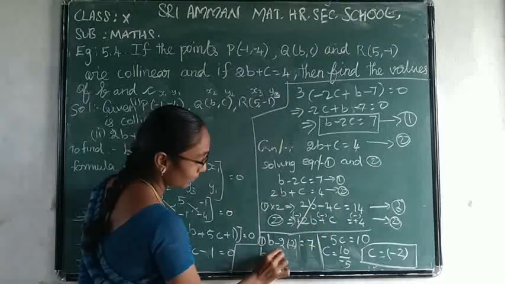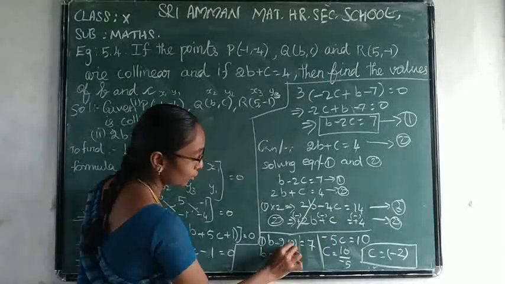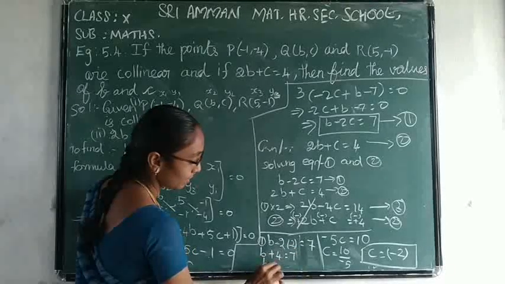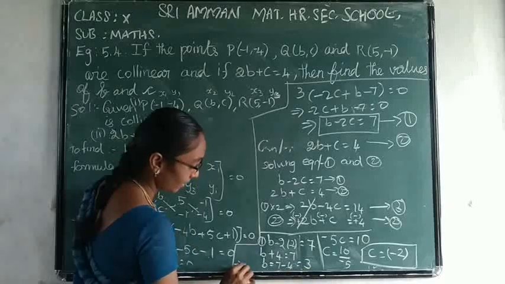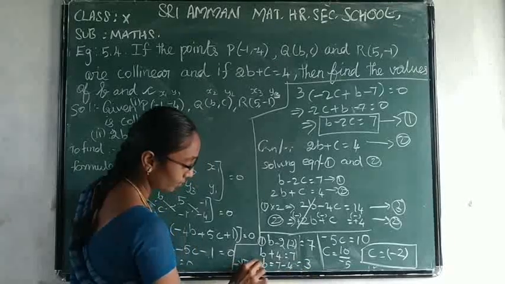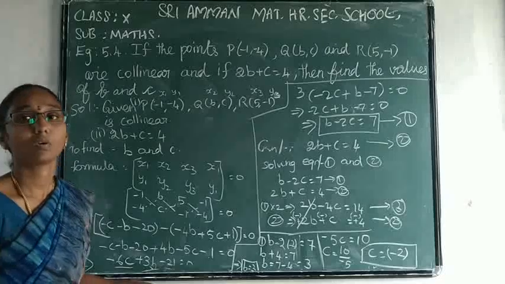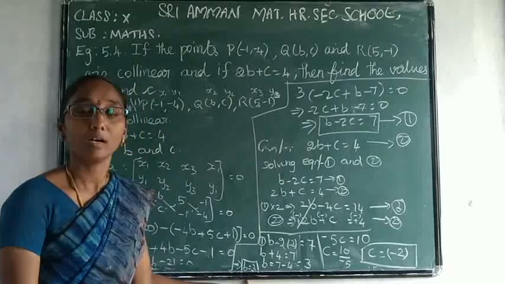So b minus 4, minus into minus plus 4, equal to 7. The value of b is 7 minus 4 equal to 3. Which implies b equal to 3. Okay? Do you understand?